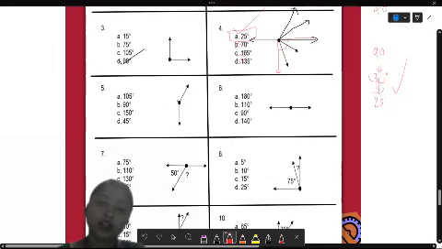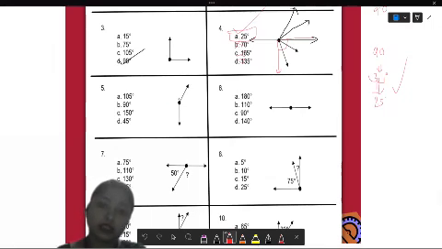Now, this one is, let's say, over here, right? Obviously, it's more than 180, right? This cannot be 90. Let's exclude it. This cannot be 45, right? This cannot be 105 only, because 105 would be like this.